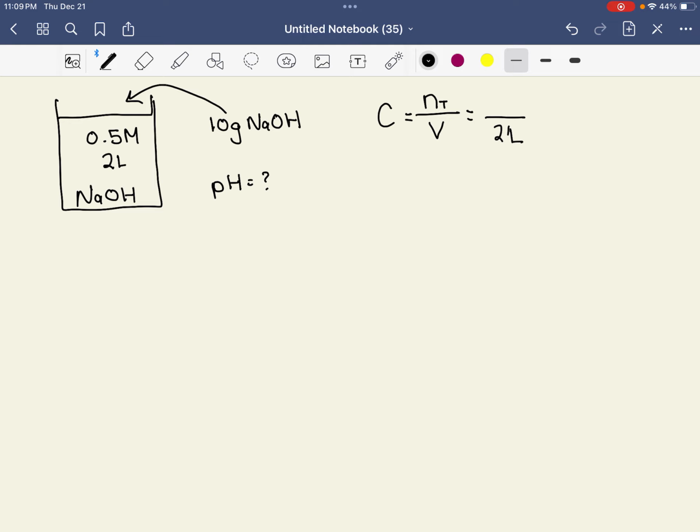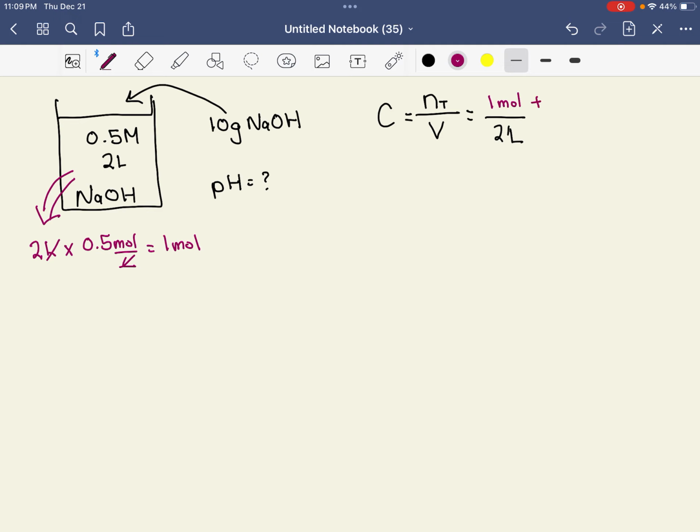So what would the total mole be? Let's take a look at how many mole is in here to begin with. You have 2 liters, and you have 0.5 moles per liter. The amount of mole is 1. So we know there's 1 mole already inside the beaker.